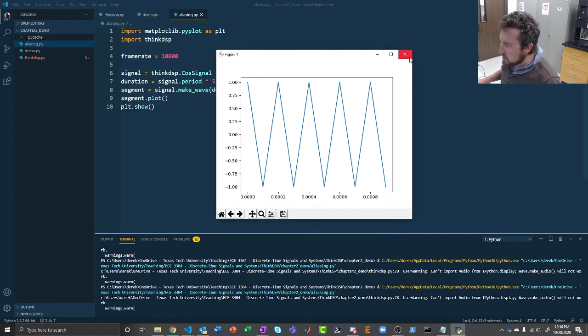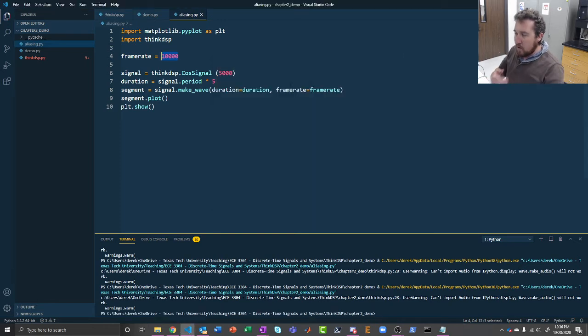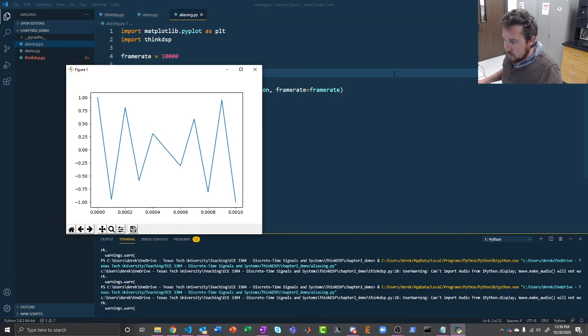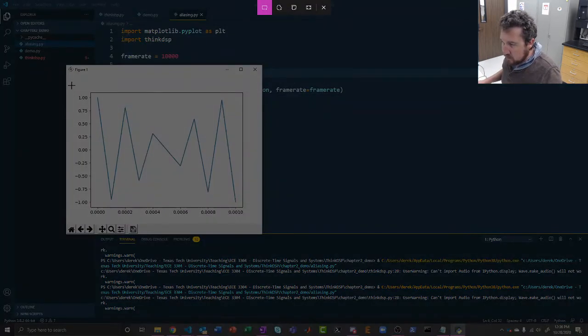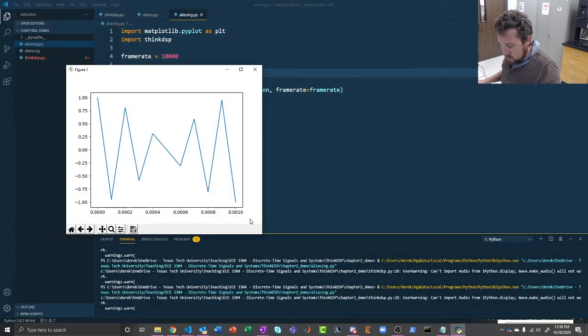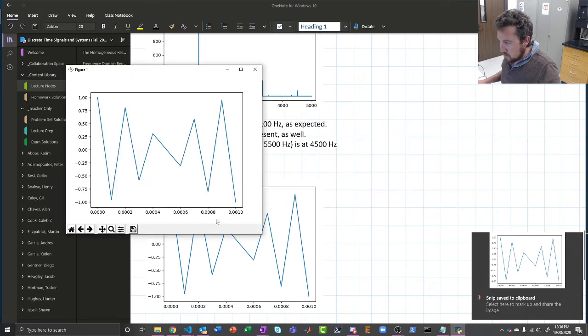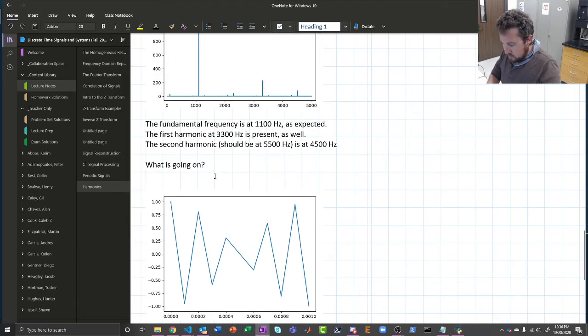And what gets interesting is if we move away in either direction. So let's say 4500. It's going to look like that. Let's save that because we need to make another one. So let's put that in our notes. Let's make a note: 4500 hertz cosine signal.